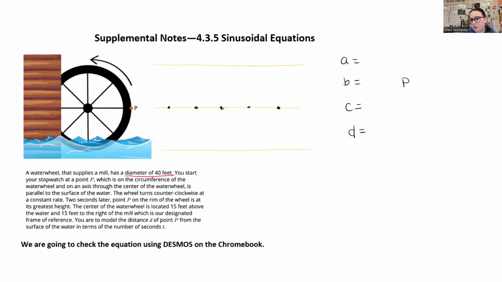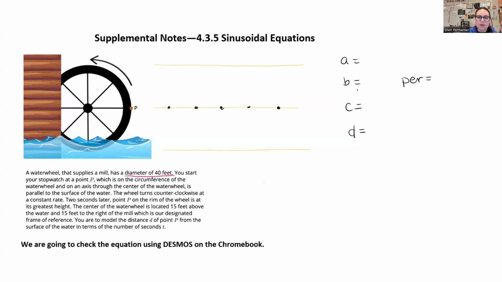I also need to know the period and work backwards. So when we have an equation, we have these pieces and we solve for the period to make our graph. When we have a graph, the graph will tell us the period. And so we'll have our period and we work backwards to find the B value for our equation.